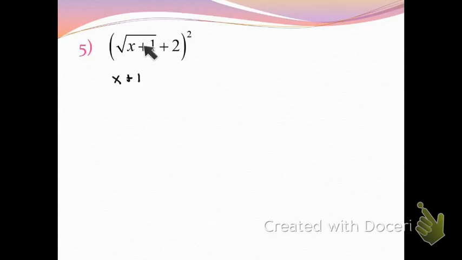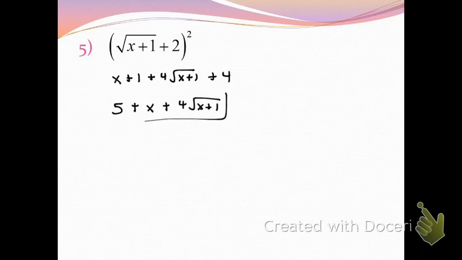And then this times 2 will give me what, Charlie? Plus 4 square root of x plus 1. And then plus 2 squared would give me plus 4. And then I could combine the 1 and the 4. So I would write it as 5 plus x plus 4 times the square root of x plus 1.